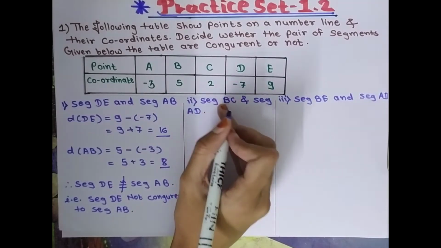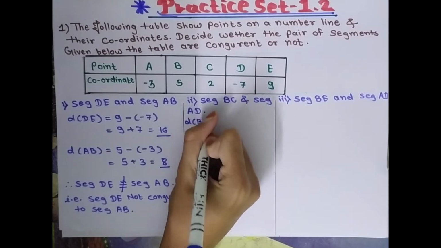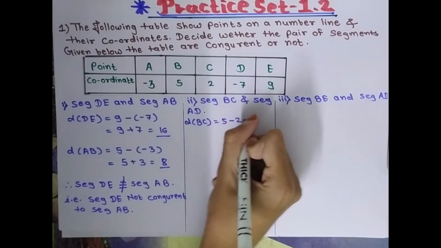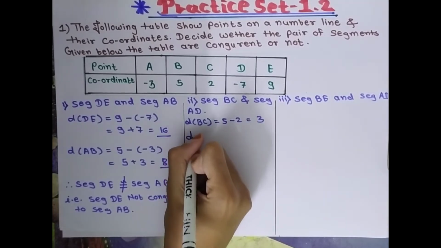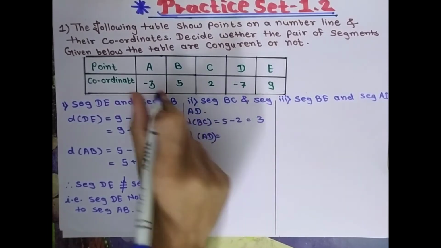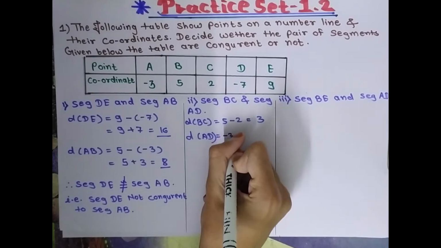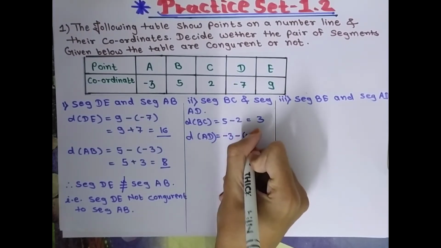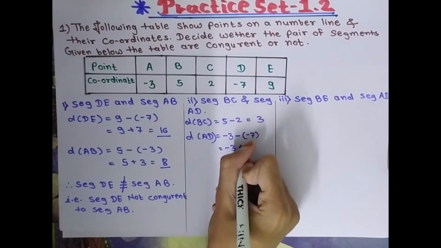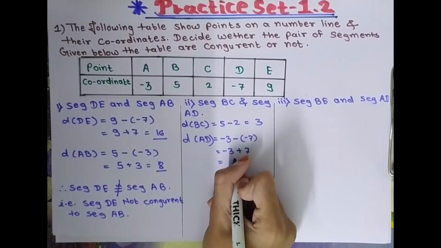So next is segment BC and segment AD. First find segment BC. Now B and C: here 5 minus 2 is equal to 3. For distance AD, the coordinate of A is -3 and D is -7. So -3 is the bigger number. -3 minus -7 is equal to -3 plus 7, which is 4.